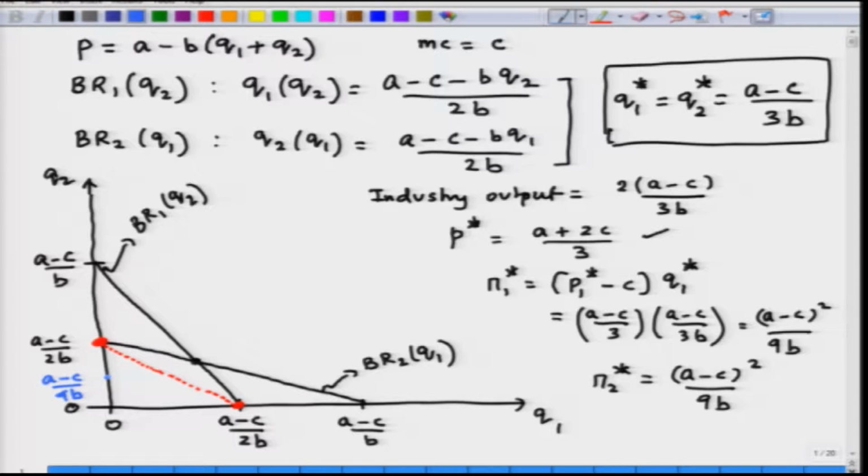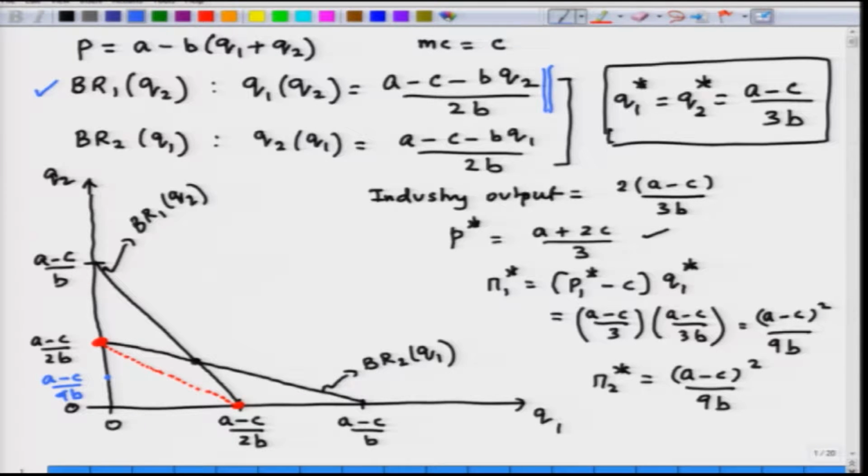Well, notice that the moment firm 2 produces (A - C)/4B, firm 1 is going to ask what its best response is to firm 2's choice of (A - C)/4B.